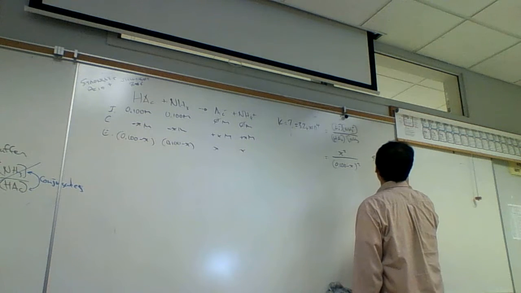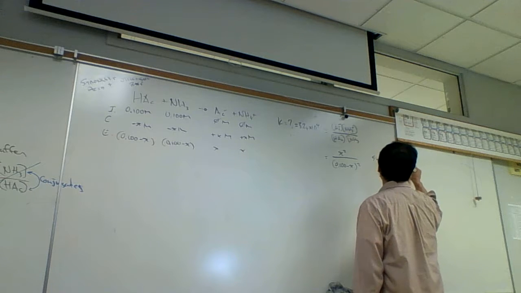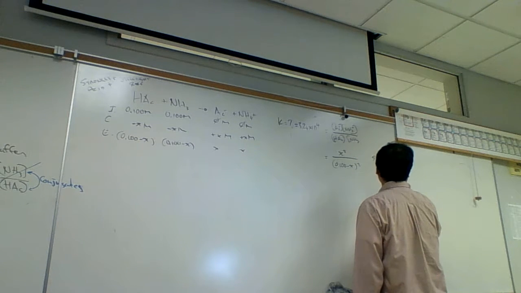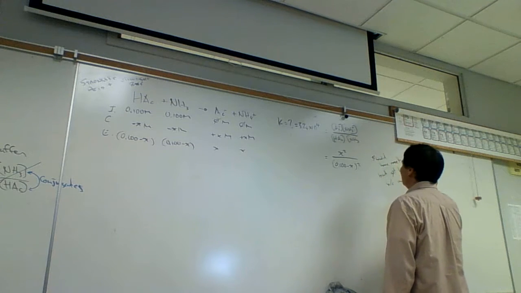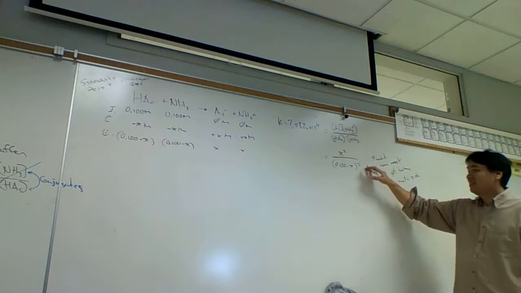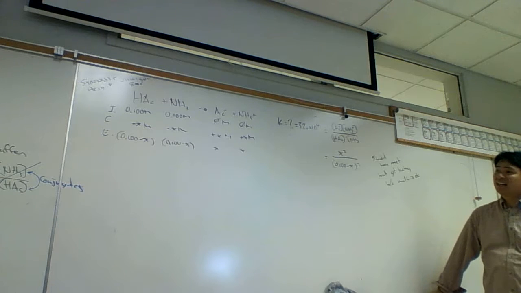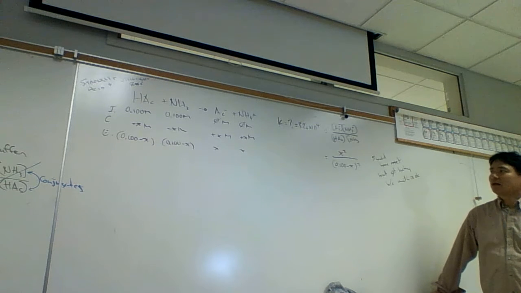But I got lucky because the math is okay. If the math turned out to be difficult, I would go back and reset it and then try the simplifying assumption. But here I already know the simplifying assumption is going to fail. I look at that K value, it's times 10 to the positive 4, which means it's mostly product.